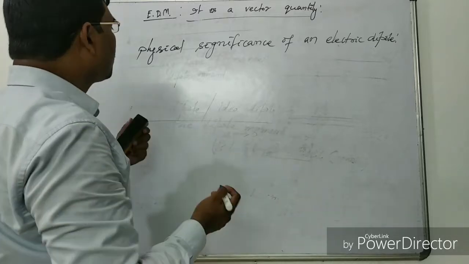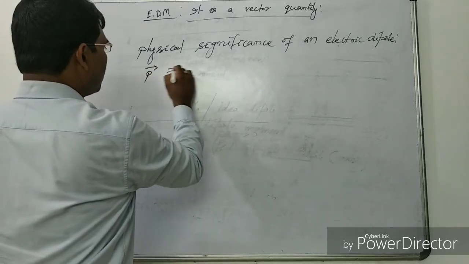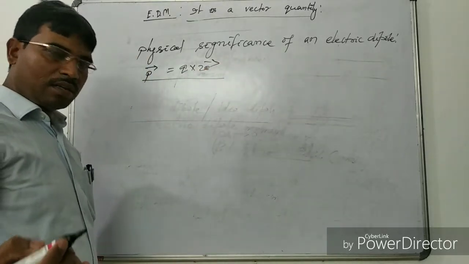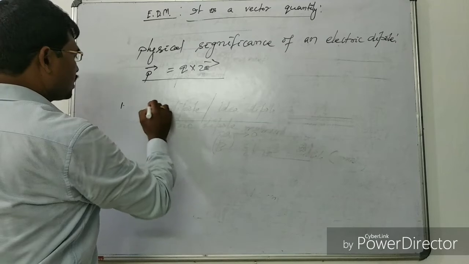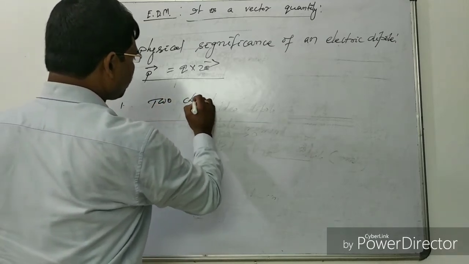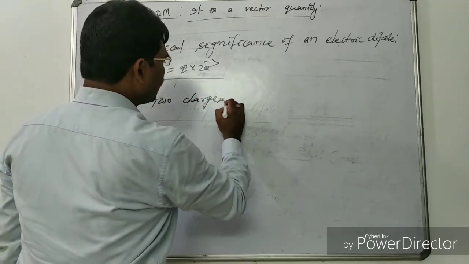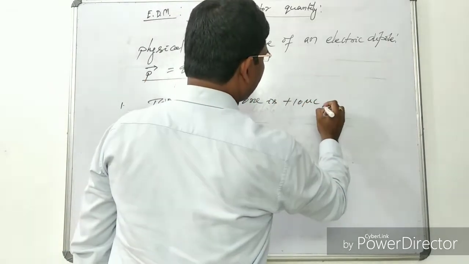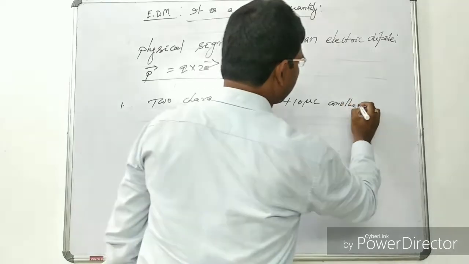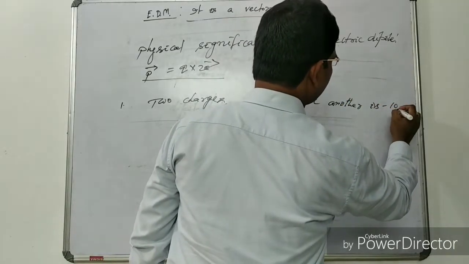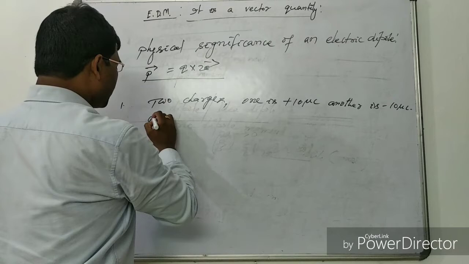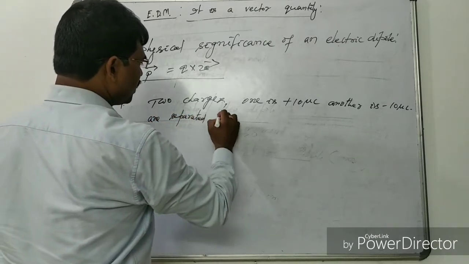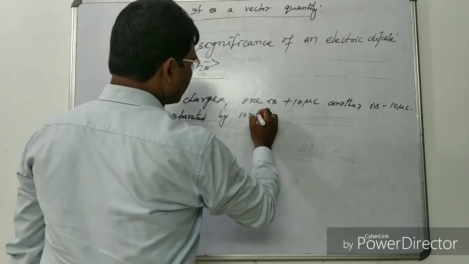Now it is time to use the formula P is equal to Q into 2a to calculate some numericals. Suppose there are two charges, one is plus 10 microcoulomb, another is minus 10 microcoulomb, separated by 10 millimeter.